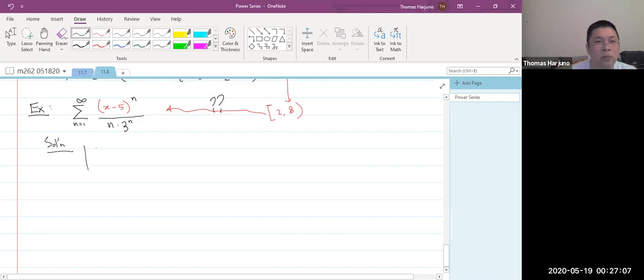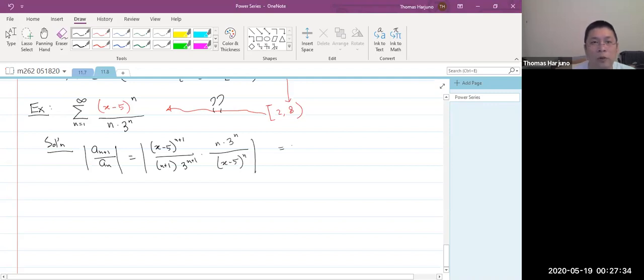Solution. The next term over the current term will be (x minus 5) to the power of n plus 1 over n plus 1, times n times 3 to the n over 3 to the n plus 1 times (x minus 5) to the n. Furthermore, I will get the absolute value of (x minus 5) over 3 times n over n plus 1.